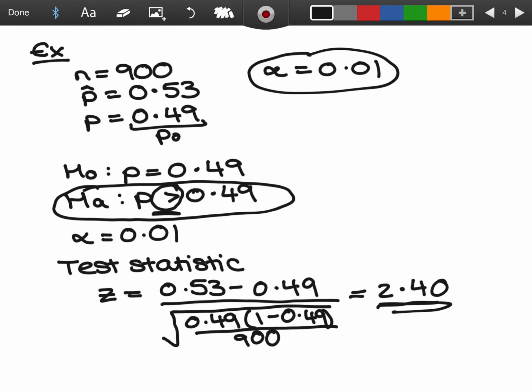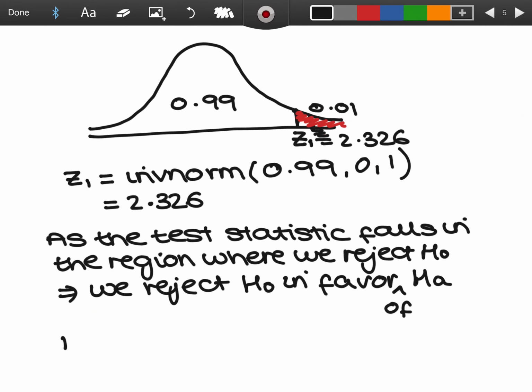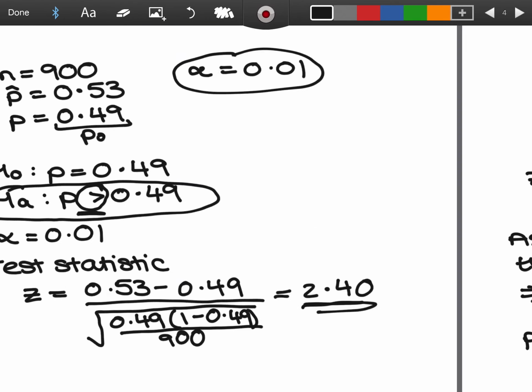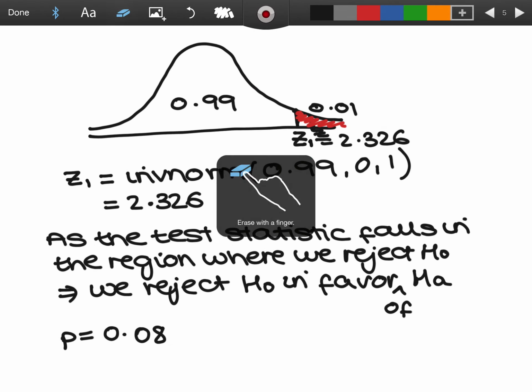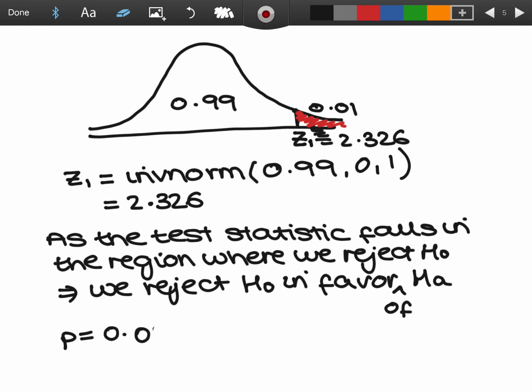P is the p-value that I'm looking for. So we find that P is 0.008. And then they give you the sample proportion and they give you the value N for the sample size.